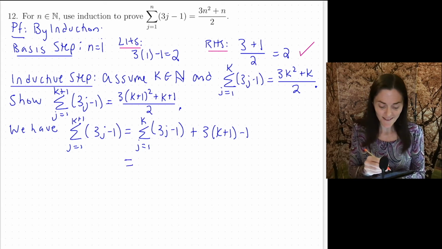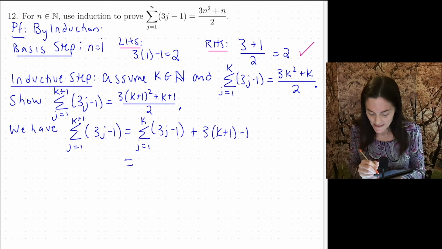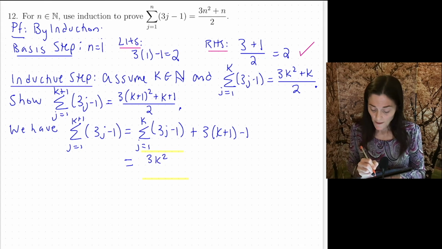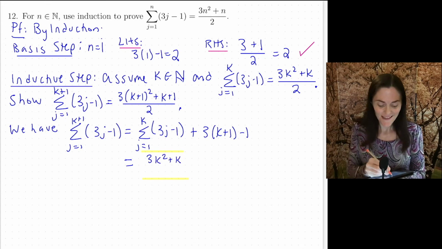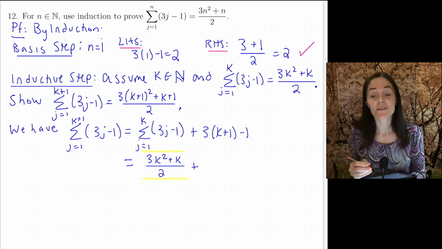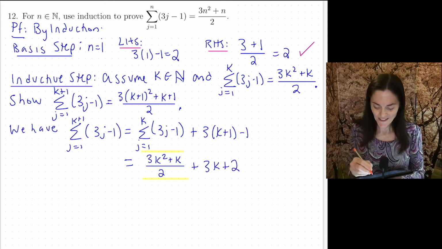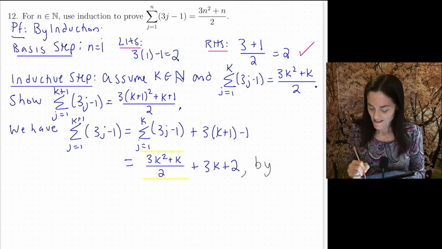It is that this equals, well, we see it 3k squared plus k divided by 2. And then we still have this other part, which I can simplify to 3k plus 2. This was by my inductive hypothesis.